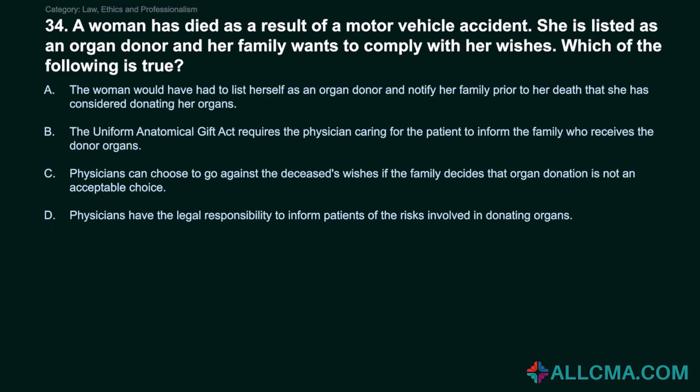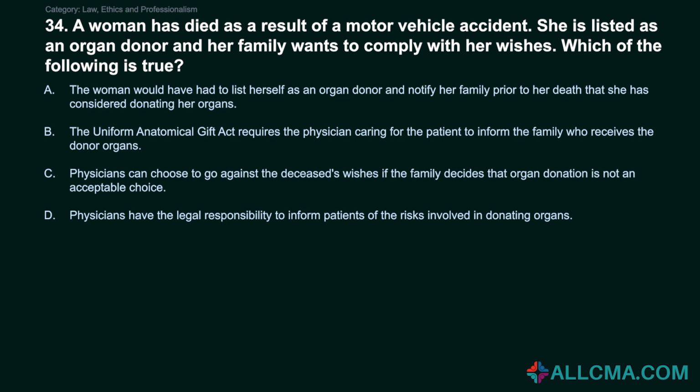34. A woman has died as a result of a motor vehicle accident. She is listed as an organ donor and her family wants to comply with her wishes. Which of the following is true? A. The woman would have had to list herself as an organ donor and notify her family prior to her death that she has considered donating her organs. B. The Uniform Anatomical Gift Act requires the physician caring for the patient to inform the family who receives the donor organs.